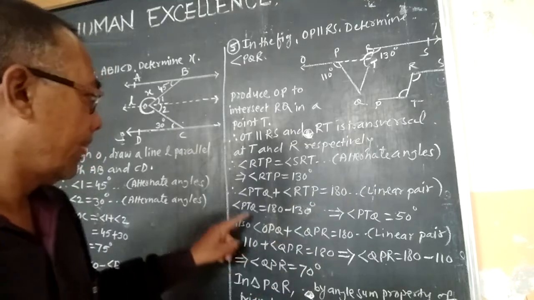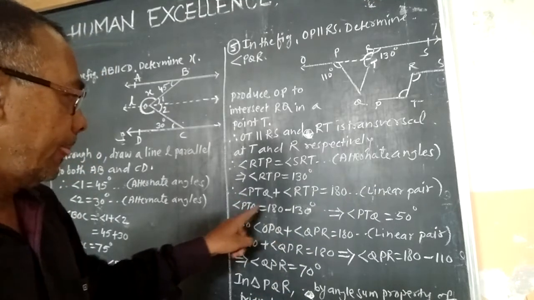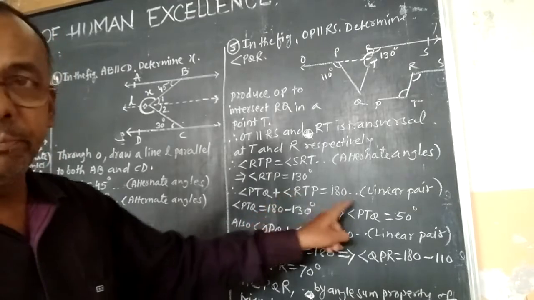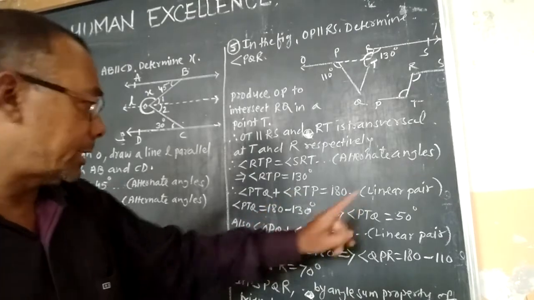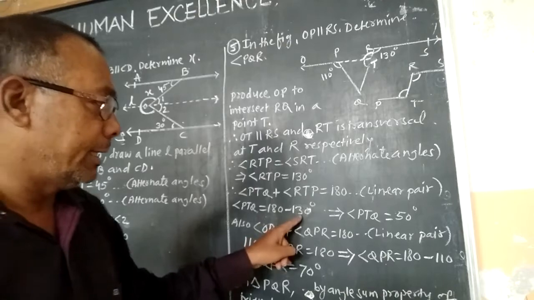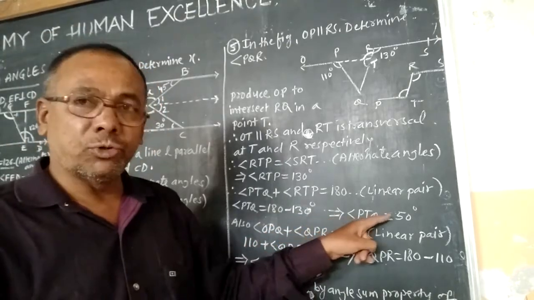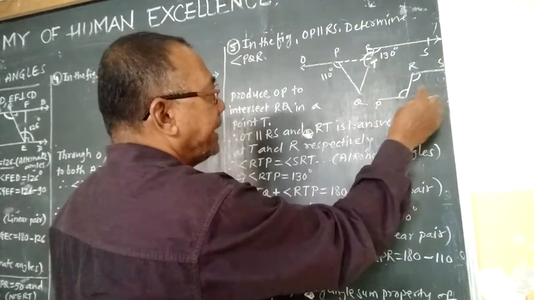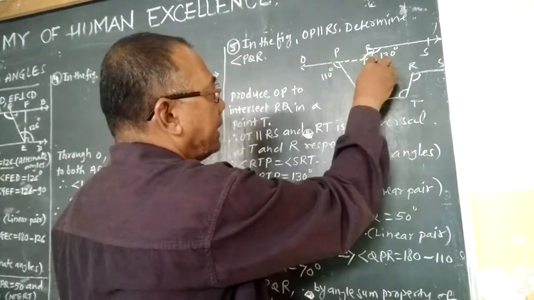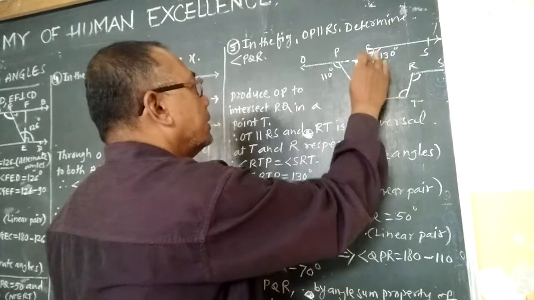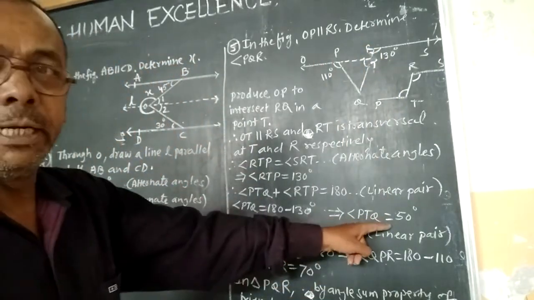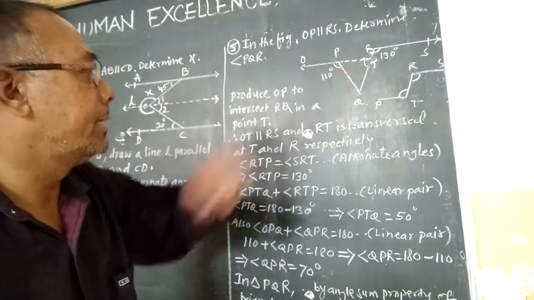That is linear pair. Here PTQ is equal to 180 minus the value of RTP, we have found that 130. So 180 minus 130 implies PTQ is equal to 50 degrees. So this will be a 50 degree angle.